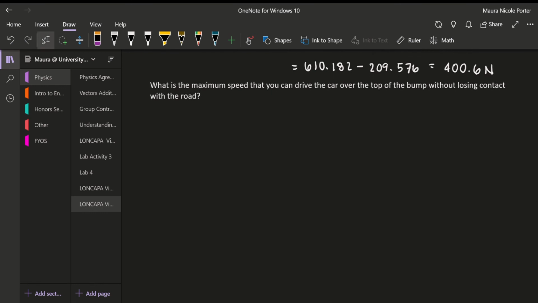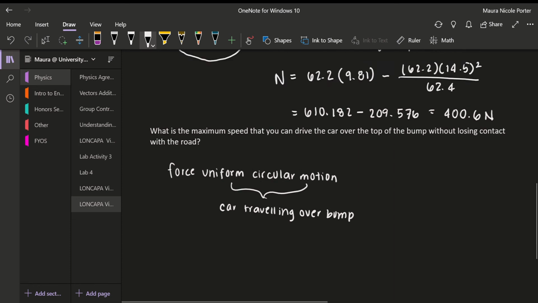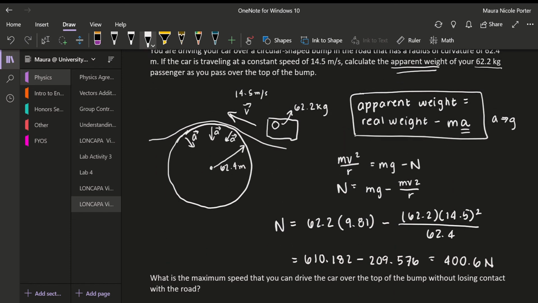Moving on to part 2, what is the maximum speed that you can drive the car over the top of the bump without losing contact with the road? So, without losing contact, the force of the uniform circular motion, so by this, I mean the force of the car traveling over the bump, because as you can see up here, back from part 1, our drawing, the car is tracing this path at a constant speed.